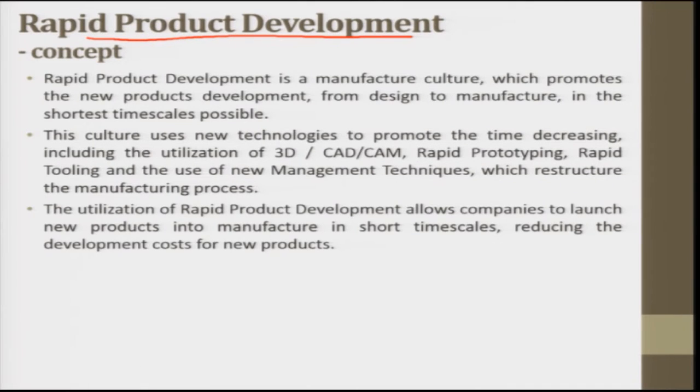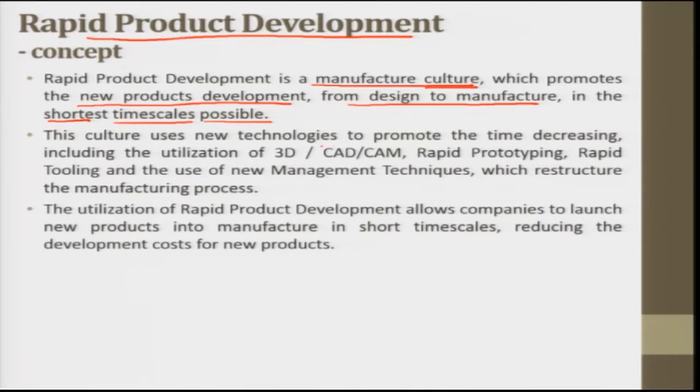Rapid product development is a manufacturing culture which promotes new product development from design to manufacture in the shortest time scales possible. Now, what is the aim of rapid product development? When I do factory simulation, I will take time as the variable there, time as the main culprit that we need to address.